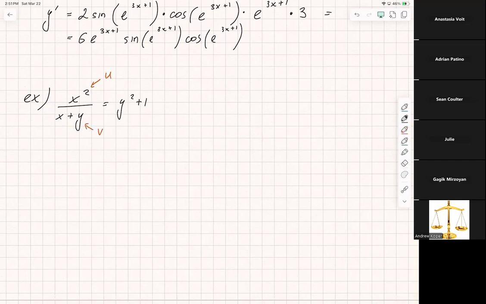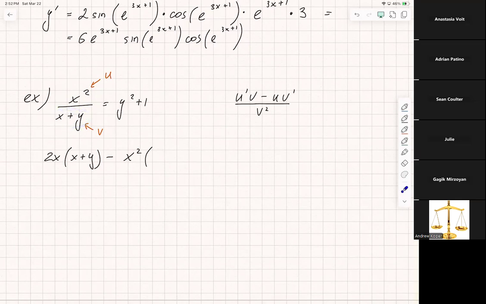Then we would have u prime v minus u v prime over v squared. So u prime would be 2x times x plus y minus, now we keep the u as it is, so we have x squared multiplied by the derivative of v.